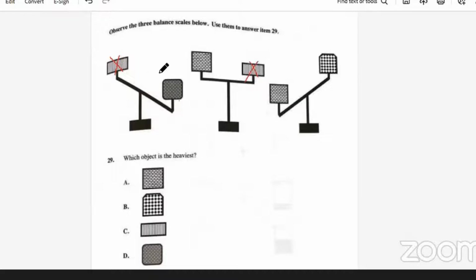Since this is the same as this one, they balance out, so this also can't be the heaviest, because we still have this one being the heaviest when you compare these two. And since it's heavier than this one, then this can't be the heaviest either. So the heaviest of all would be this one. So the answer is D. Again, guys, just take your time, look at the relationships and see how it works, okay?